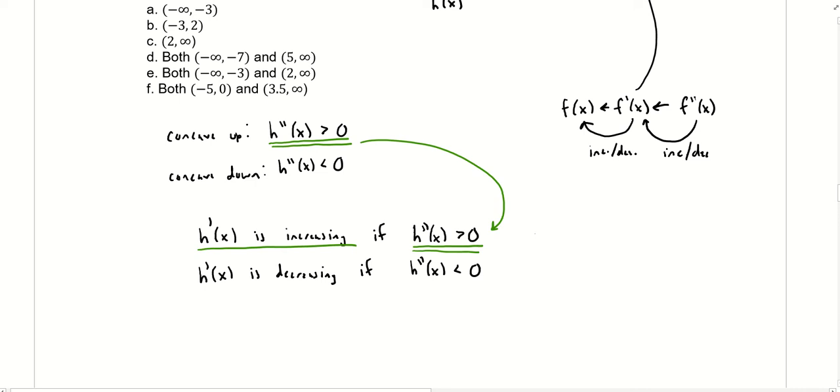So this implies that wherever our first derivative, h prime of x, is increasing, so has a positive slope, that means that the function is also concave up.